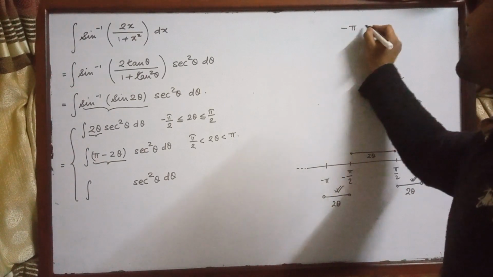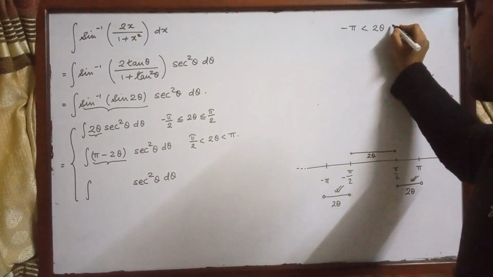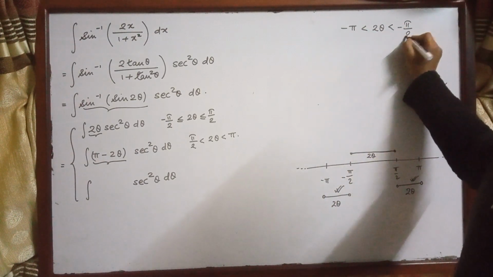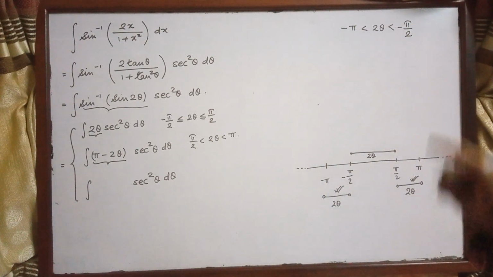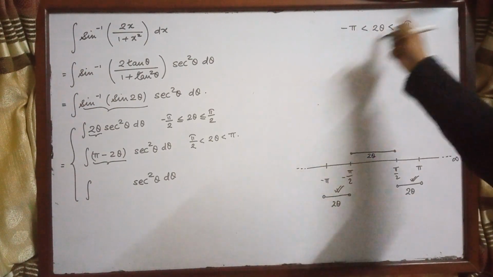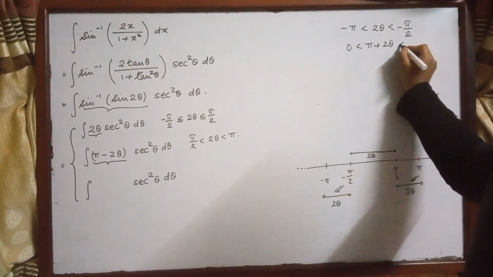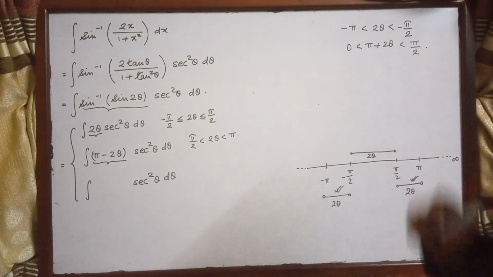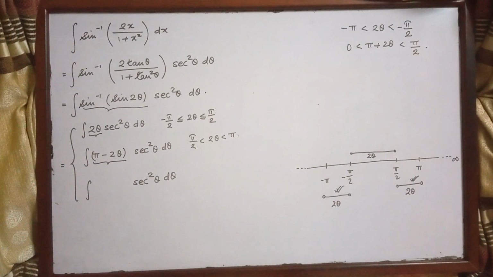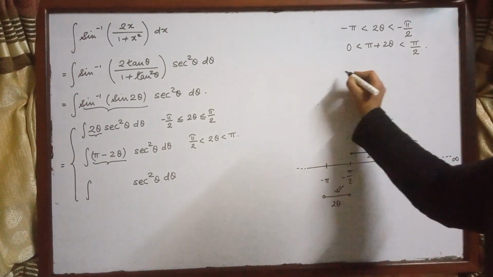Minus pi, twice theta, minus pi over 2. Now if we add pi to each term, we'll get something like this. Now let's see.